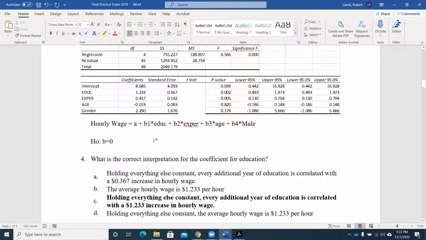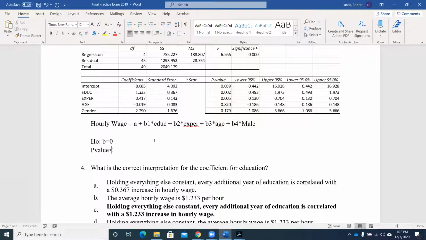If I can find that the p-value is less than alpha, then I can reject that, or I can say that there's a significant relationship between that variable and the y variable, hourly wage. So look at my p-values here. Let's say I wanted to say with 99% confidence, or the 1% significance level, which of these variables can I reject the null for?